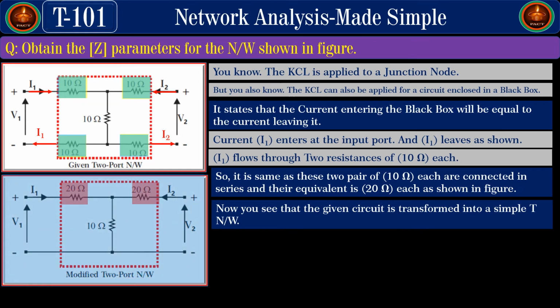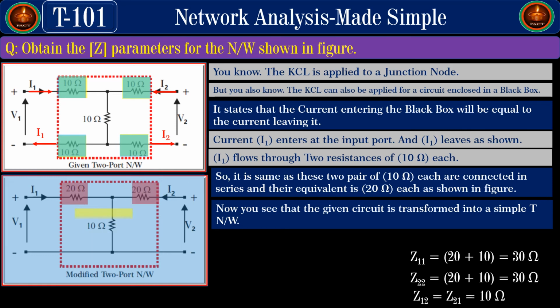And you know, in case of a T network, you can directly write the Z parameters by observing the network. So, Z11 is equal to 20 plus 10 equal to 30 ohm and Z22 is again 20 plus 10 equal to 30 ohm, and Z12 is equal to Z21 is equal to 10 ohm.